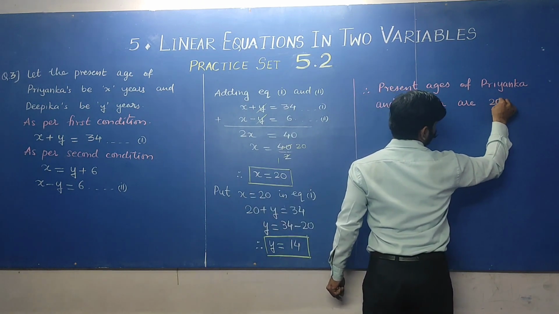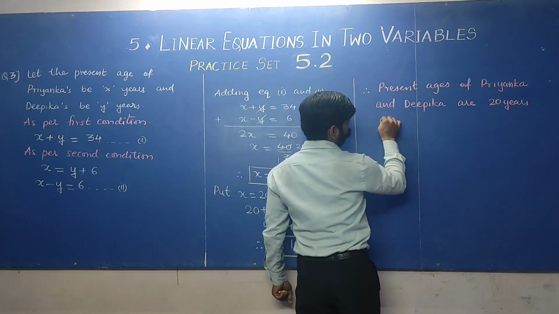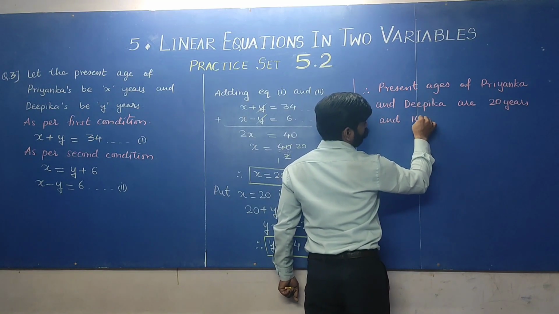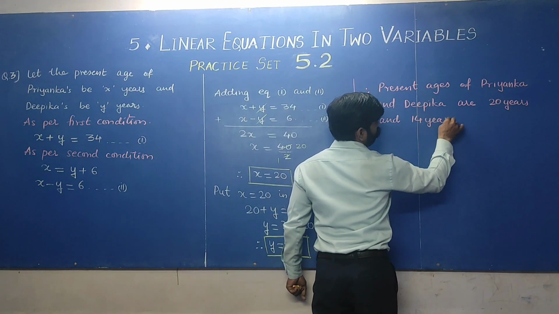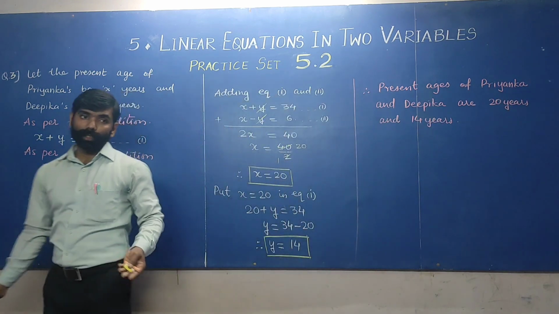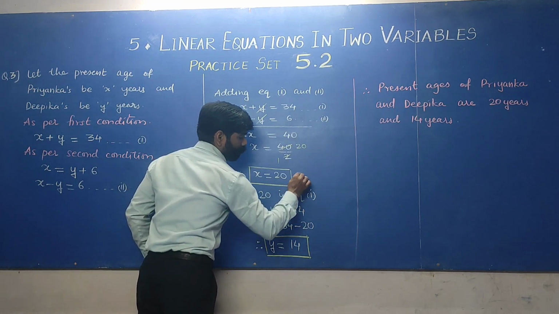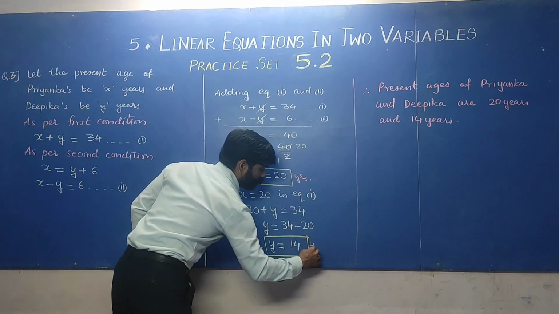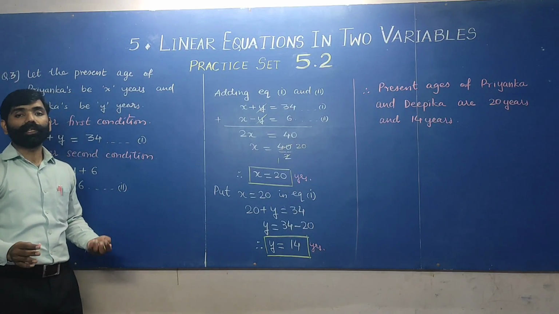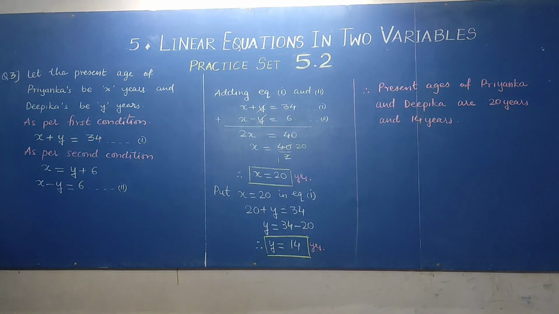So I am writing 20 years. And Deepika's age is 14 years. Students, this question is so easy. This is so simple. You may write years here as well. You can write years here too. Okay, students. If the terms are given in years, you need to write years. Okay. Take the screenshot.